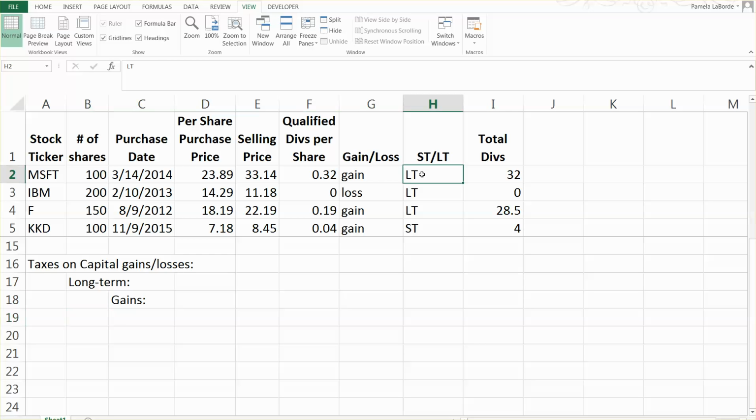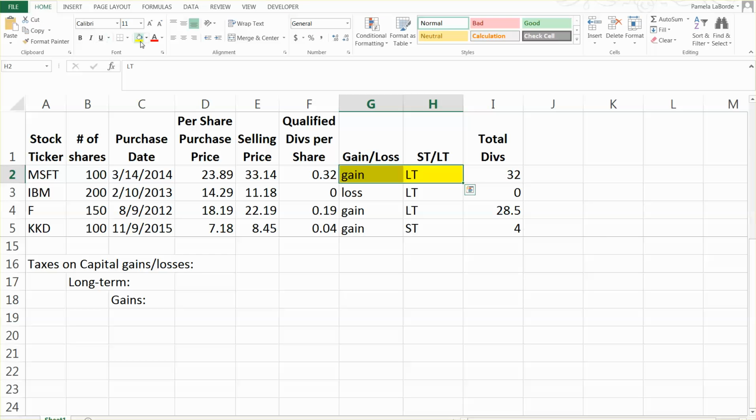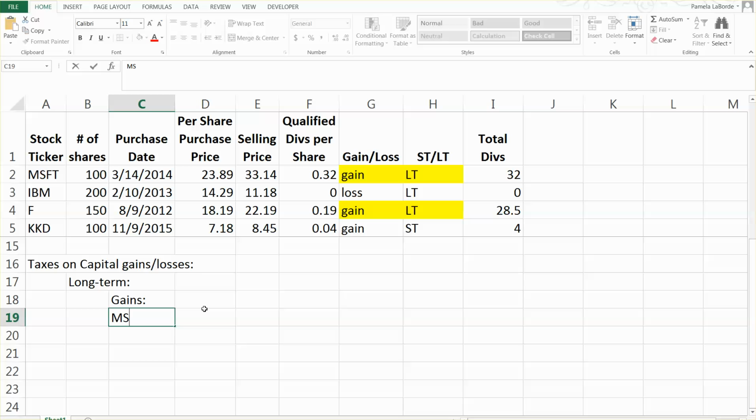For the long term, I have a gain here. I'm just going to highlight it. And I have a long-term gain here. So I just want to tally those. So I have a gain on Microsoft, and I owned 100 shares times the gain, and I need to calculate the gain. The gain is calculated by just taking the selling price minus the purchase price.